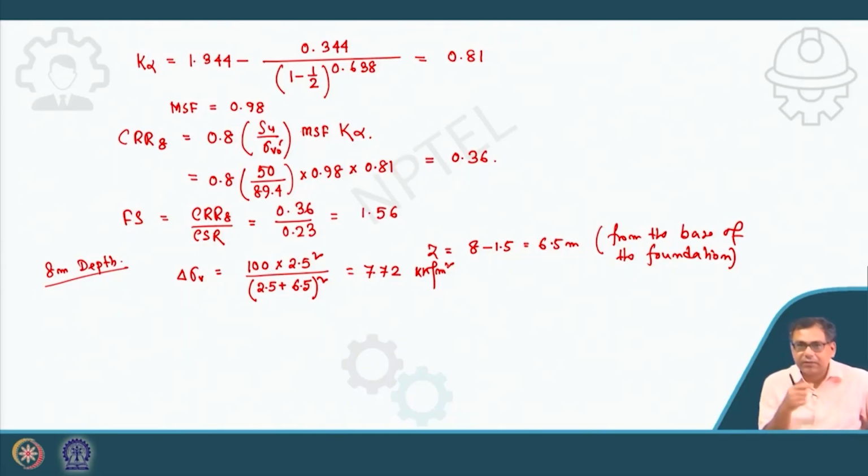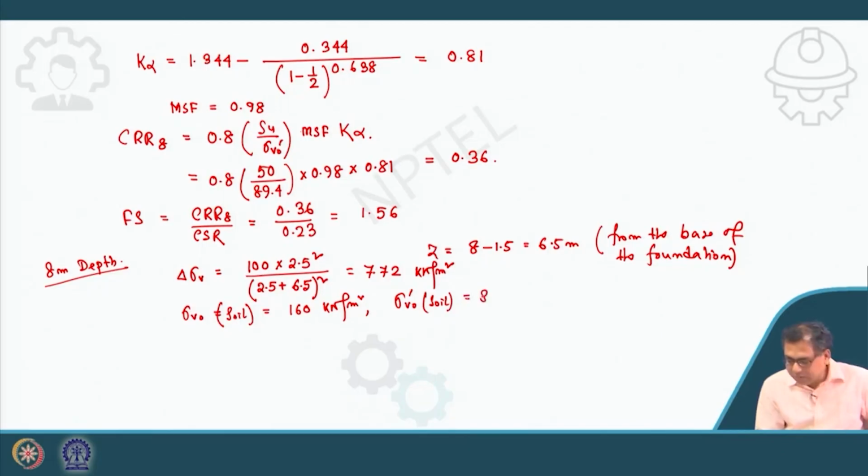So I have to consider the factor of safety and calculate the K alpha. When there will be no sigma V dash value or negligible value, then that will be same as free field condition or without considering building load condition. Okay, so you will see that. So now here I know the sigma V0 for soil has already been calculated, and that is 160 kilonewton per meter square, and sigma V0 dash for soil is 80 kilonewton per meter square.